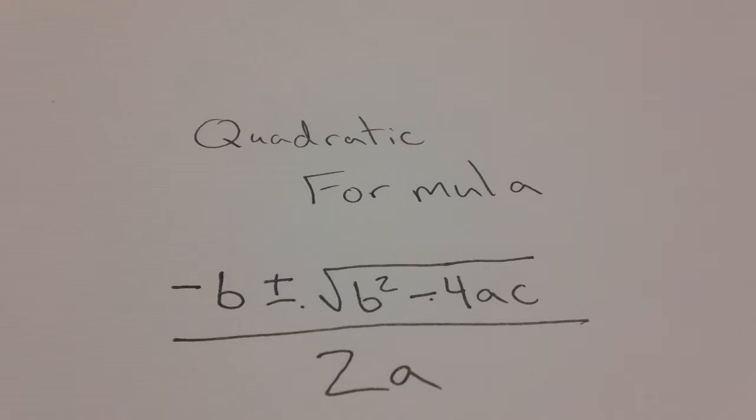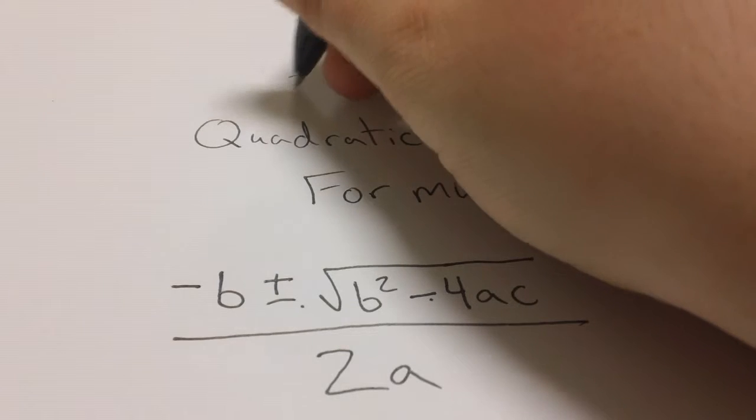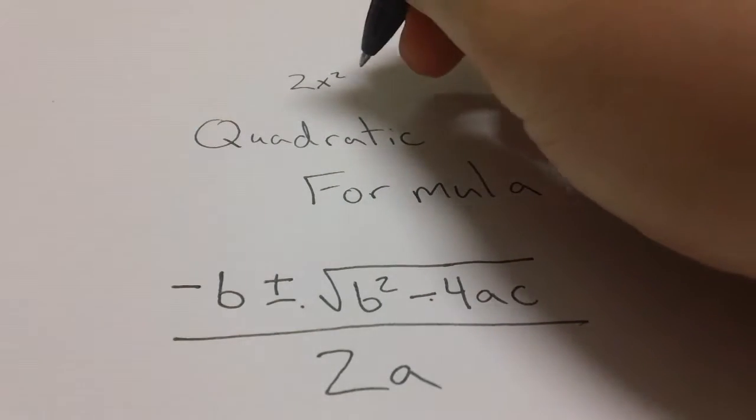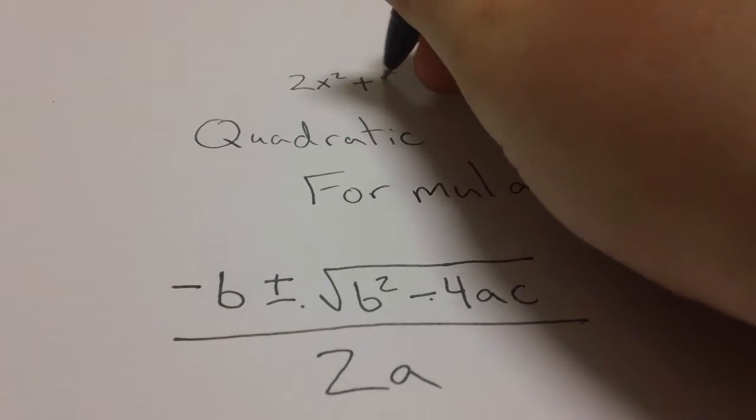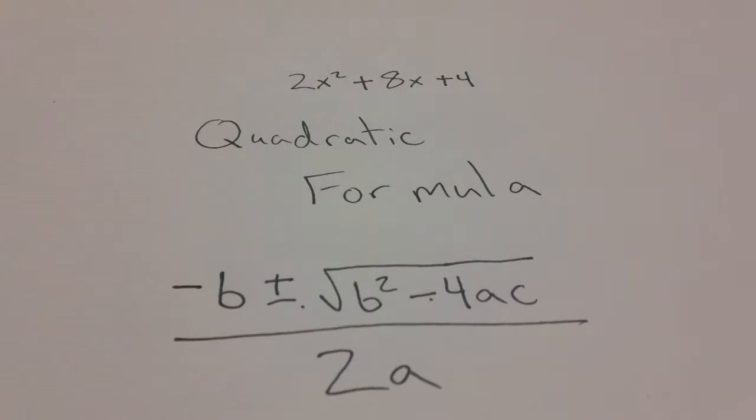Now, the quadratic formula, what we use it for is factoring. A lot of times we'll have polynomials or quadratic equations. Let's write one up here. Let's say 2x squared plus 8x plus 4. Something like this that we want to factor.